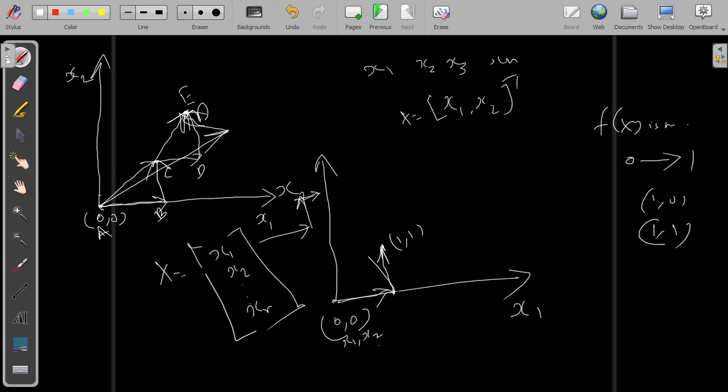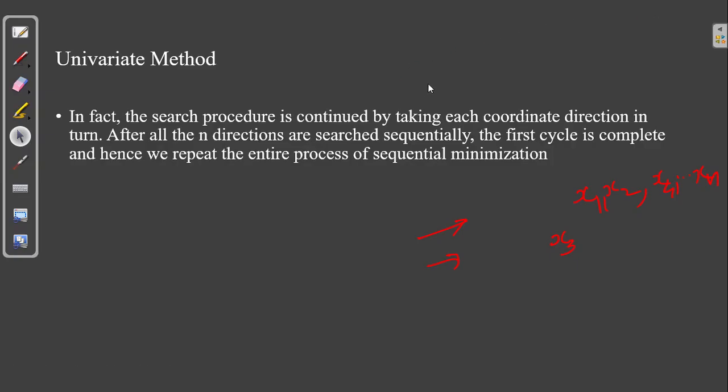In that manner it is going. So it is a lot of time taking process, right? The univariate method.